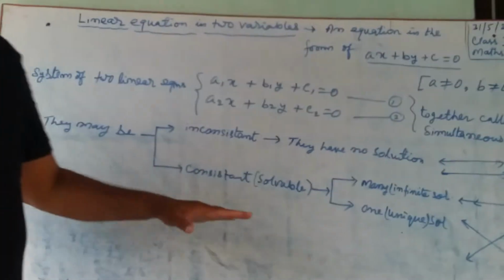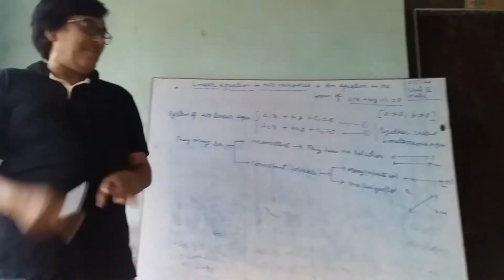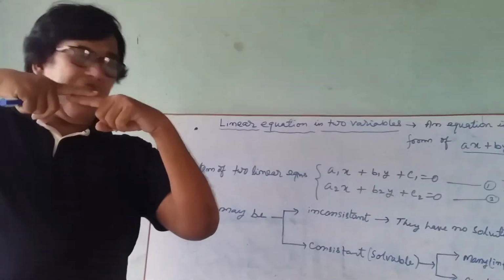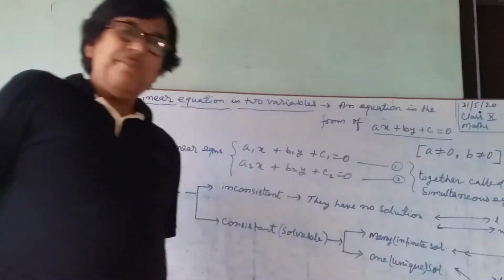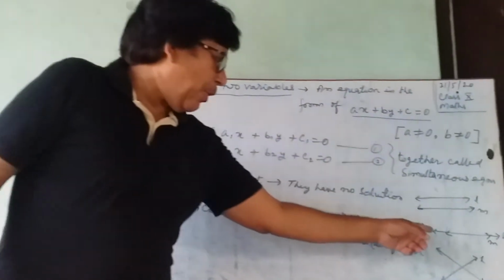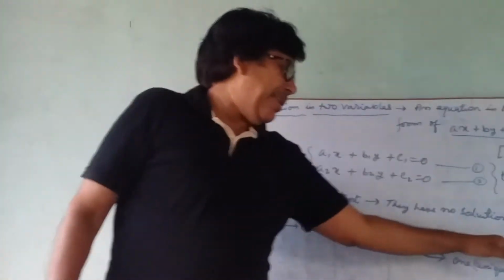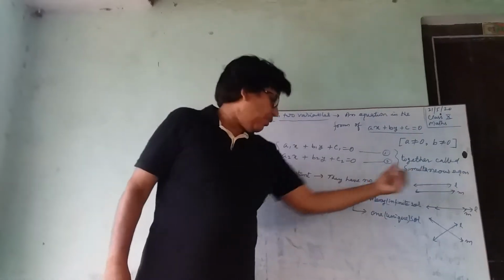And if it is consistent, two cases arise. Number one, the two lines coincide with each other. This means every point of the two lines is a solution. Thus, this has infinite or many solutions.